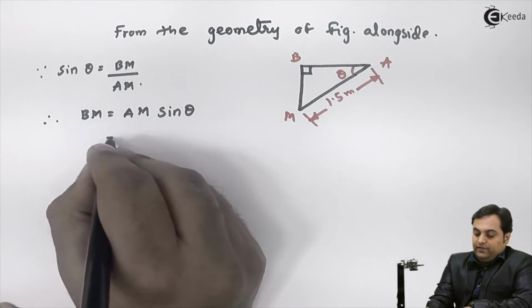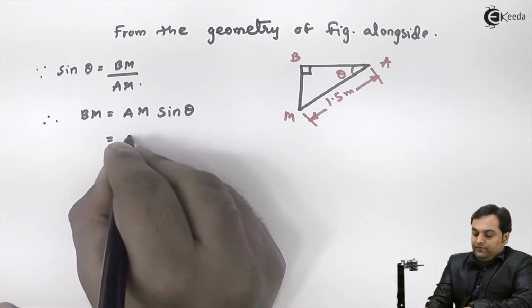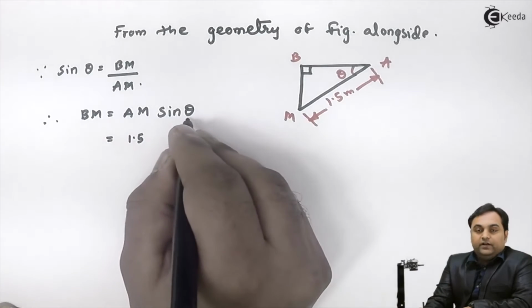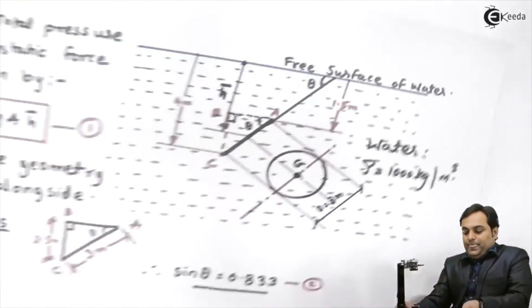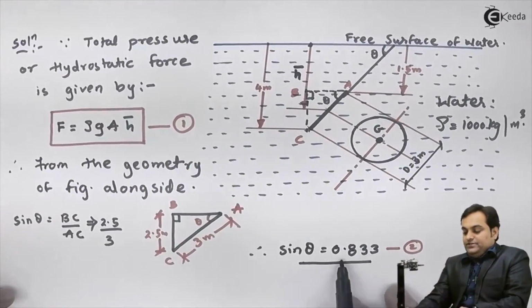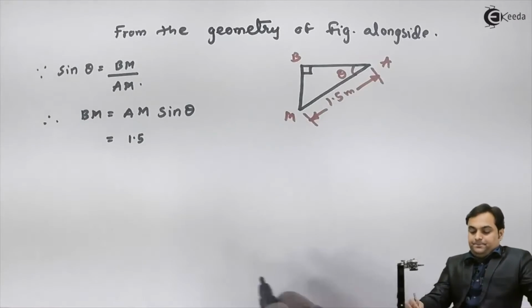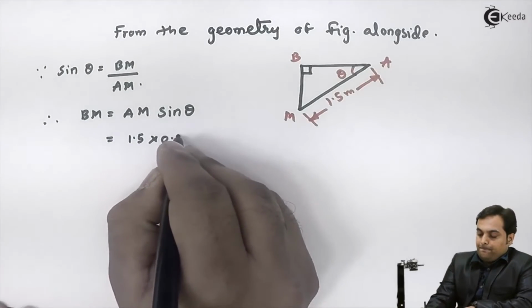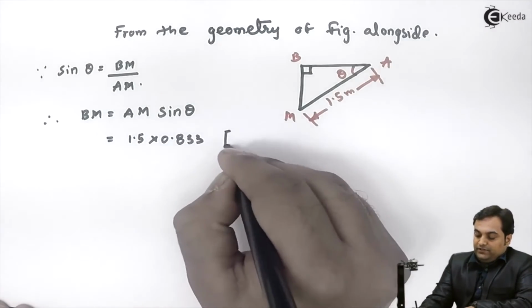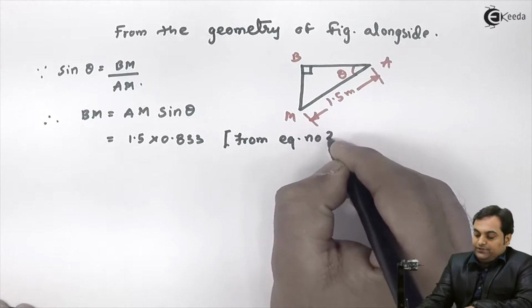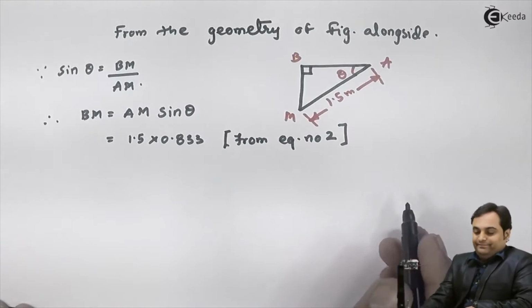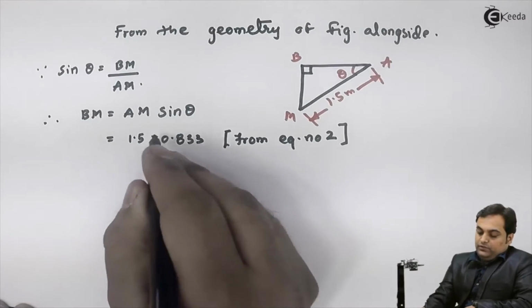So therefore BM, AM value is 1.5. Sine theta we have calculated previously, it was in equation number 2. The value is 0.833. I'll say that this is from equation number second. Now this is BM.